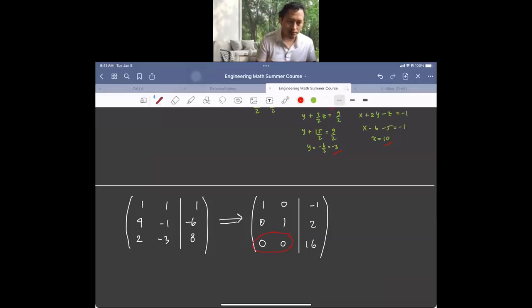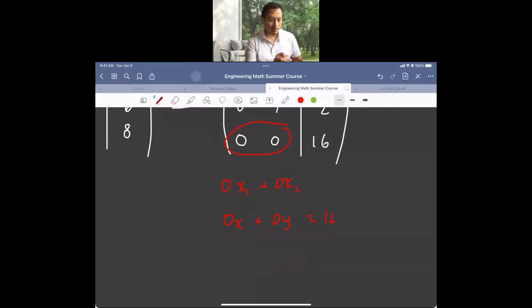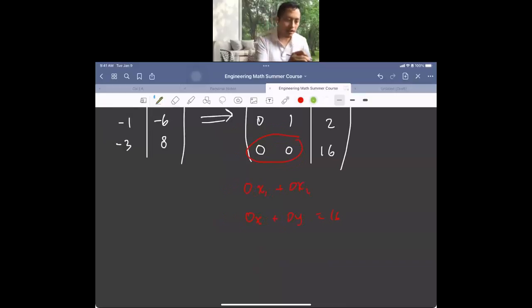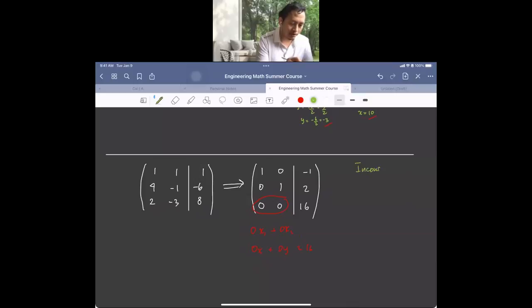So this 0, 0 means it's 0 times variable x1 plus 0 times variable x2, or you can call it xy also, equal to 16. There are no numbers that can satisfy this equation, right? It's 0, but it's equal to 16. So it seems that it's inconsistent. We call this inconsistent in general, and we say that this system has no solution.